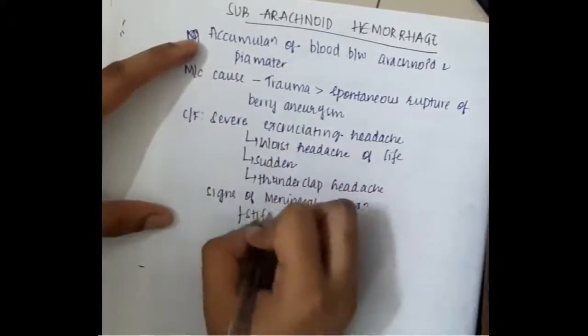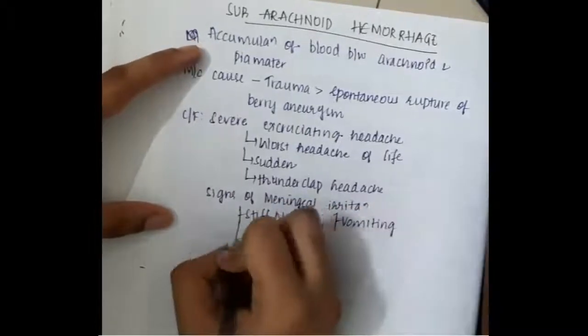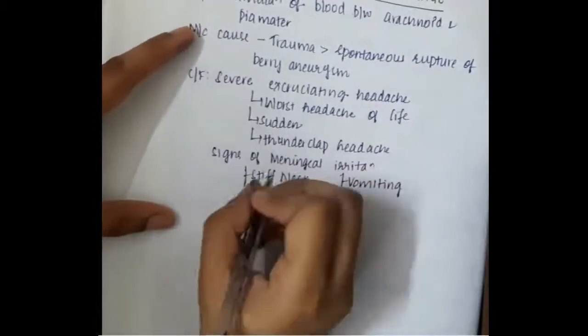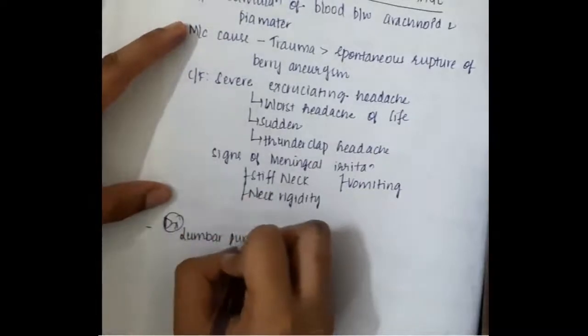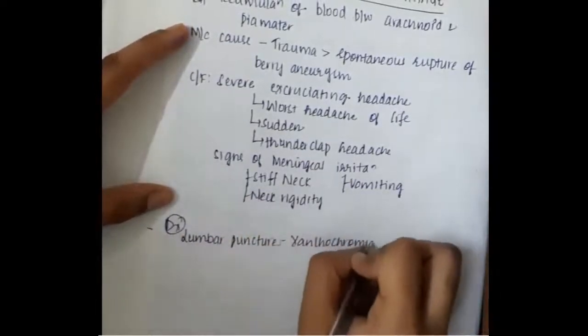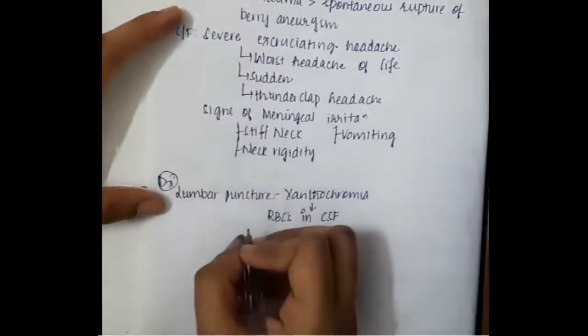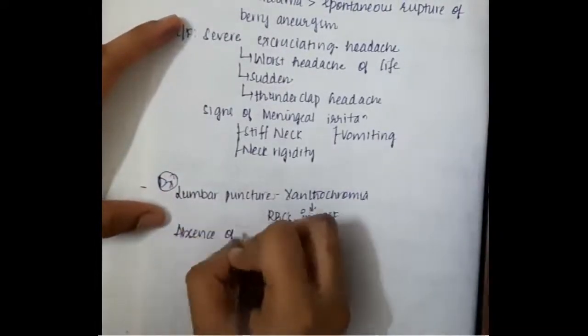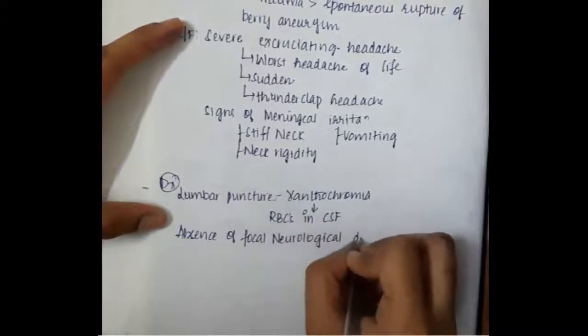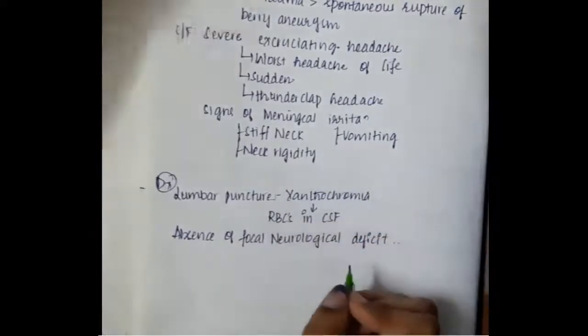Signs of meningeal irritation like stiff neck, vomiting and neck rigidity are also seen. Diagnosis is done by lumbar puncture, where we see xanthochromia, that is, RBCs in the cerebrospinal fluid.